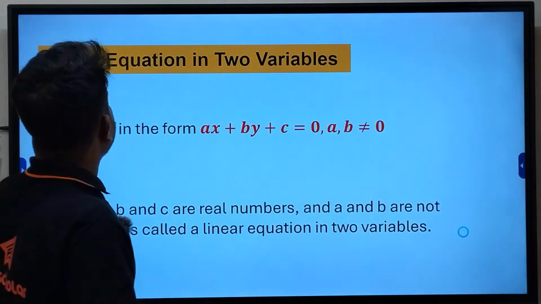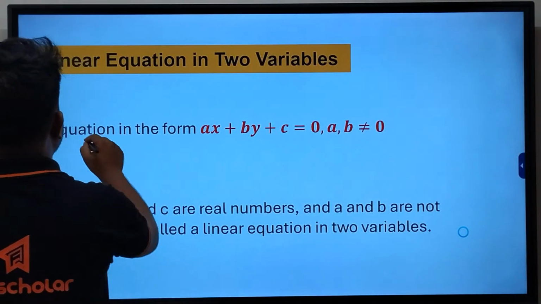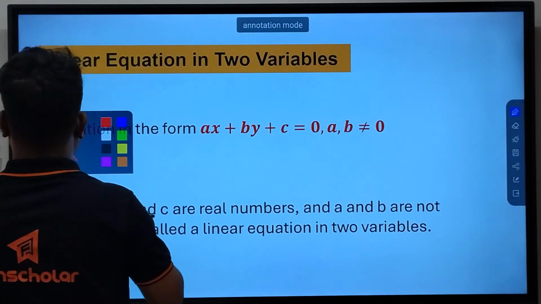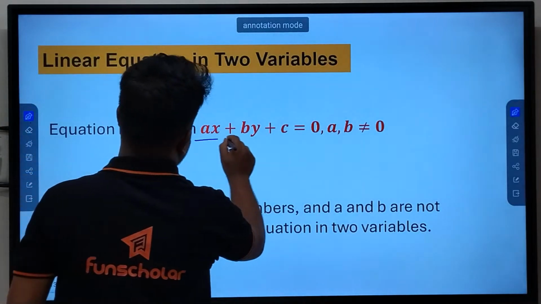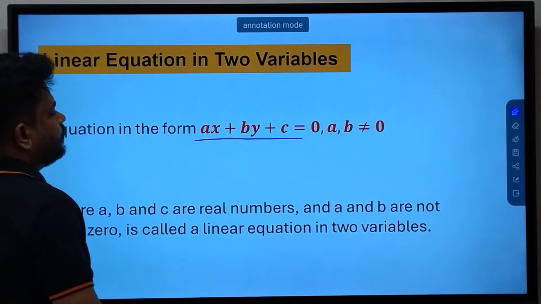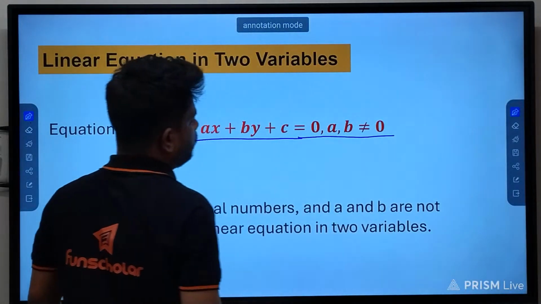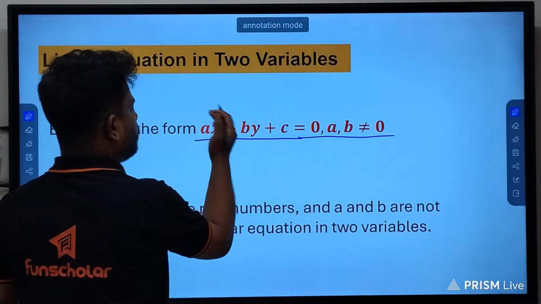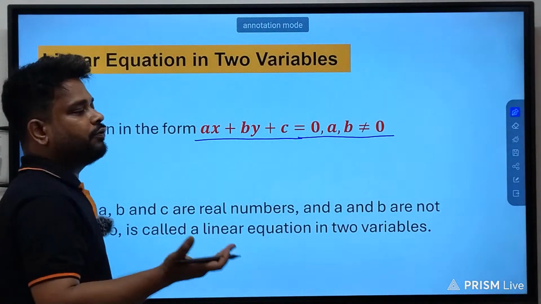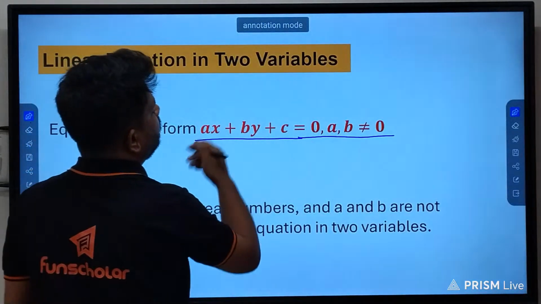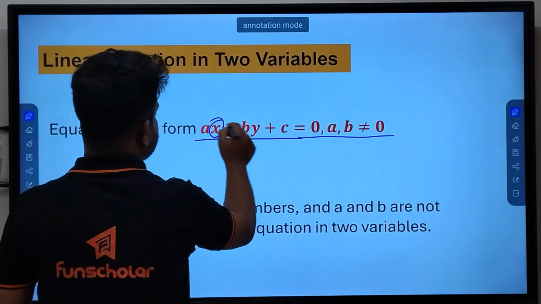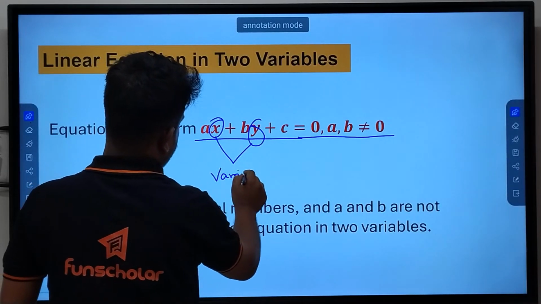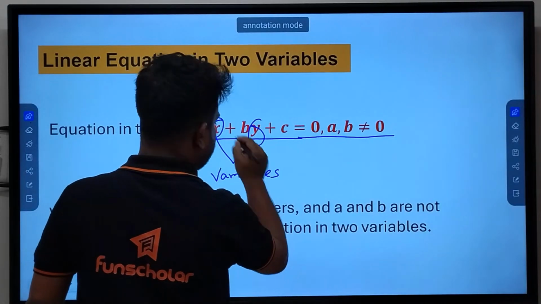Okay, so the standard equation for a linear equation in 2 variables looks like this: ax plus by plus c equals 0, where a and b are both not equal to 0. Here a is the coefficient of x, b is the coefficient of y, c is a constant, and x and y are variables.